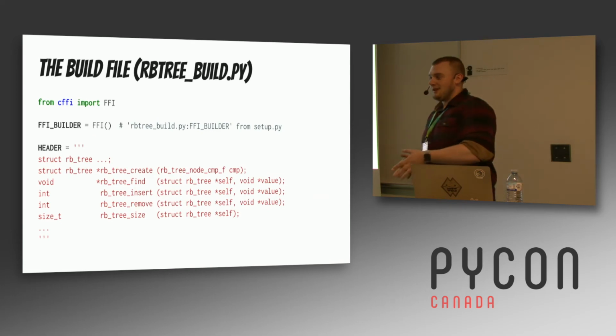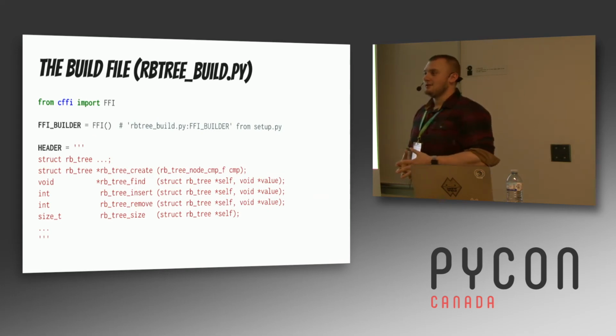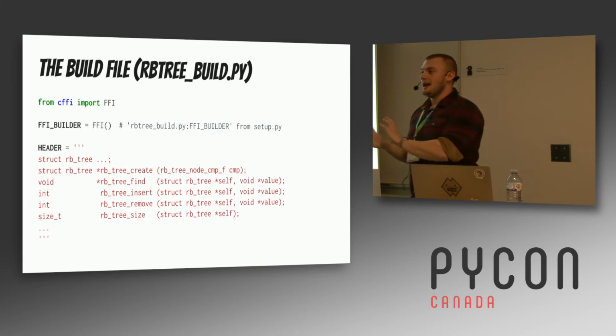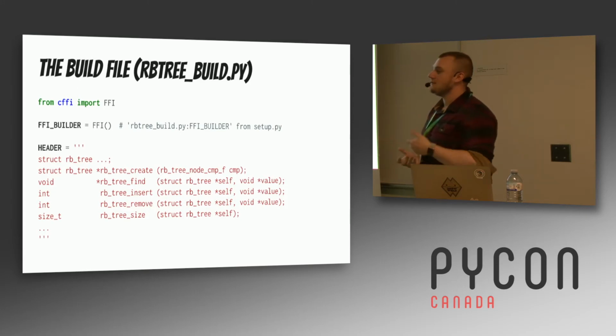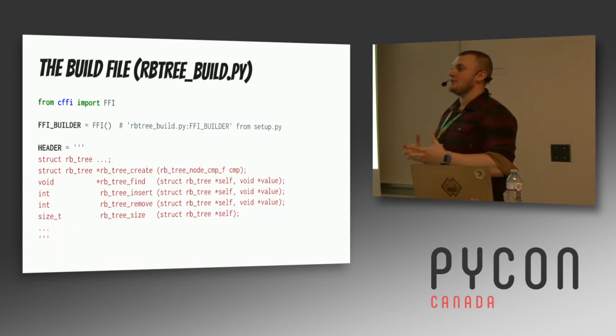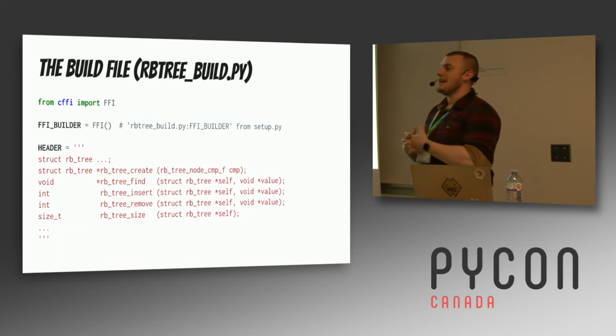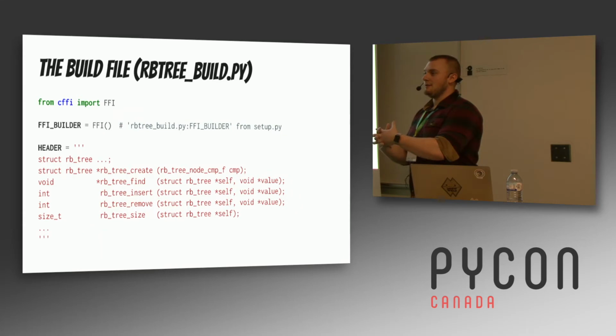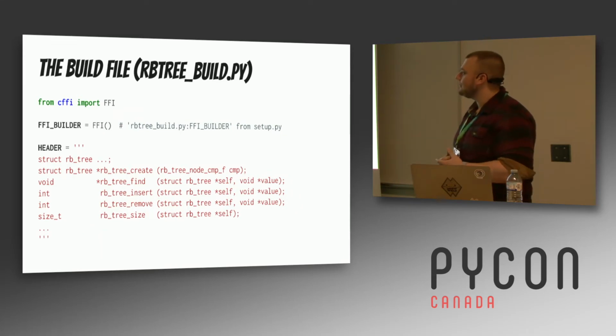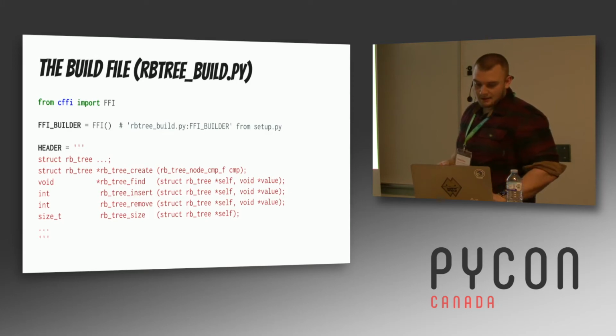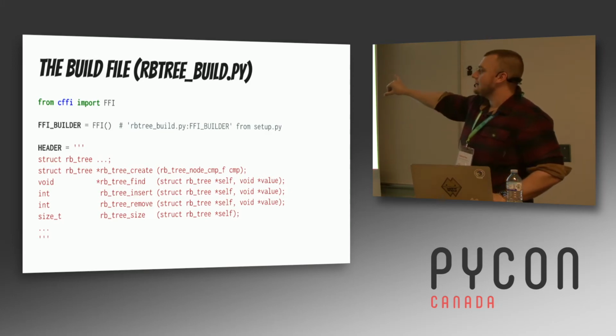The build file is the file I mentioned that takes C header definitions and ties them together with CFFI and the C source code, and enables the production of this importable, Python-wrapped C module. We're going to start with the C header.